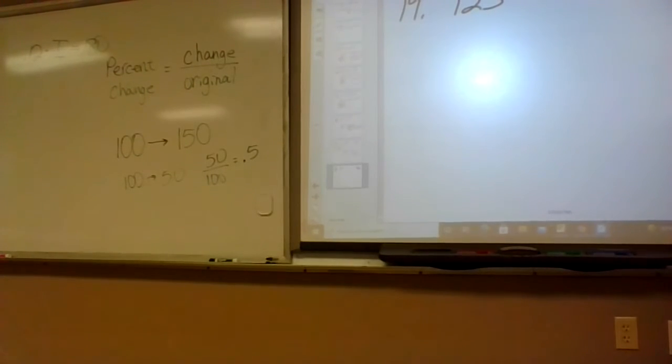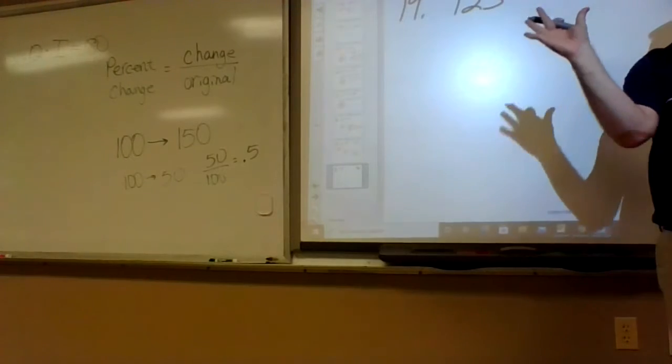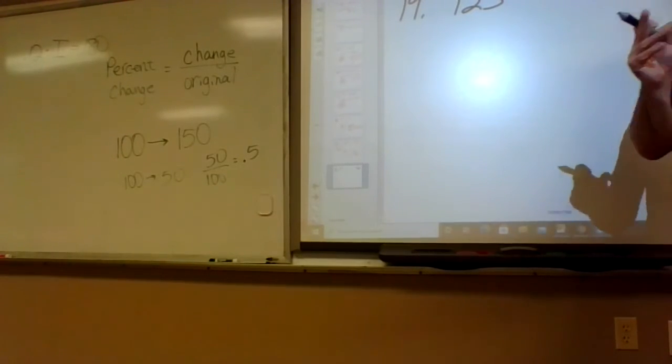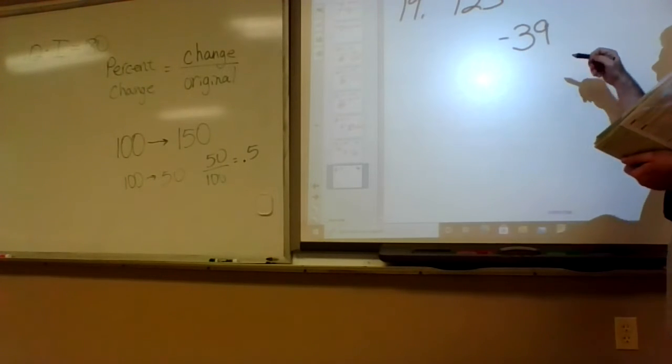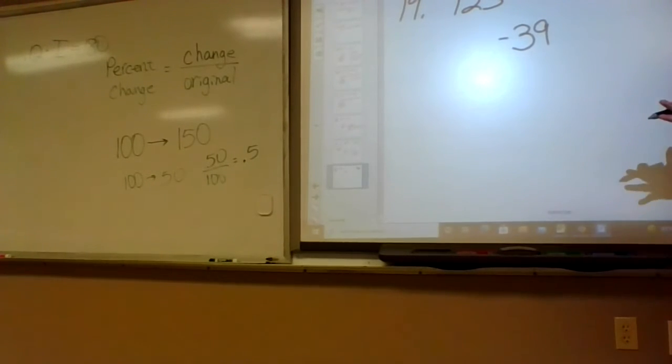You subtract 86 from 125. It went down 39. So the book would have written subtract 39. I'm going to be a little bit lazy and write minus 39. Really, the change is 39, but I'm just showing that it's going down instead of up.